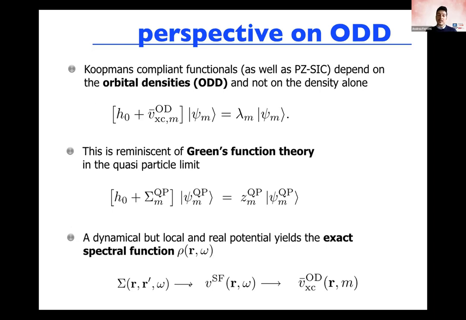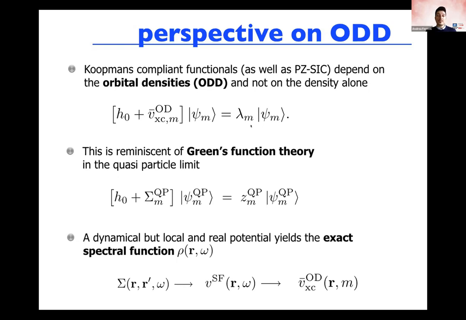What does this mean? This means that the orbital dependent potentials of these ODD formulations are basically flexible enough to describe also spectral quantities. This doesn't mean that our ODD constructions are forced by construction to do so. So the accuracy is not built in.